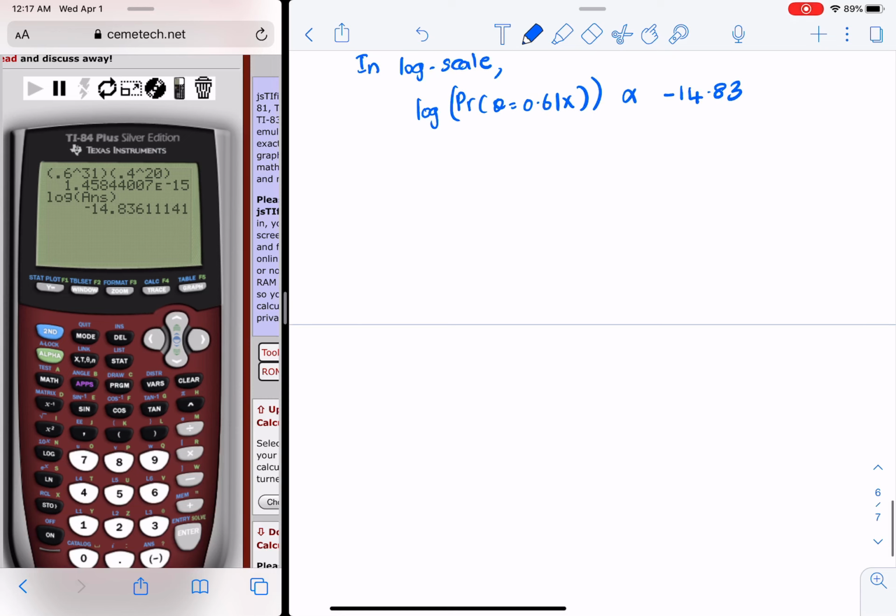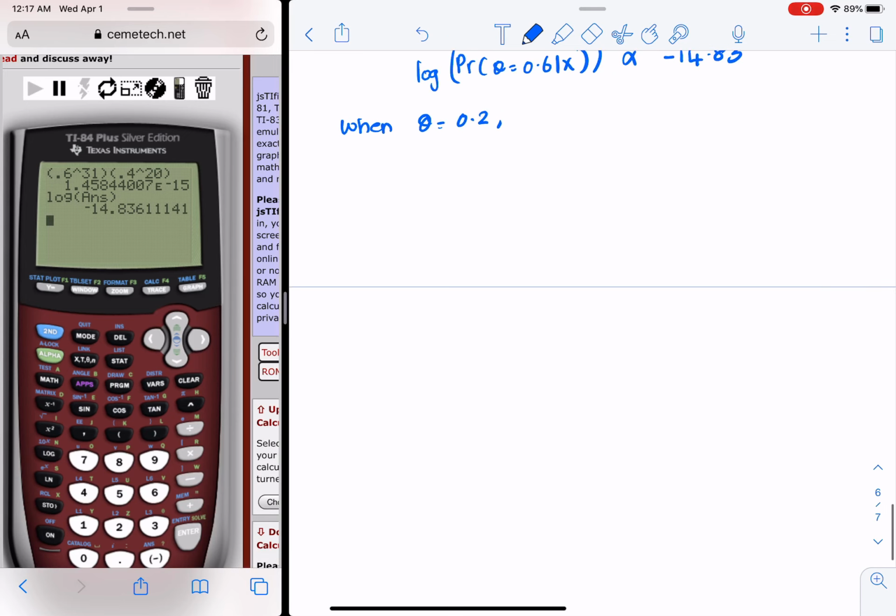And we'll do the same thing with 0.2. That would be proportional to 0.2 raised 32 minus 1, 1 minus 0.2 raised 21 minus 1.